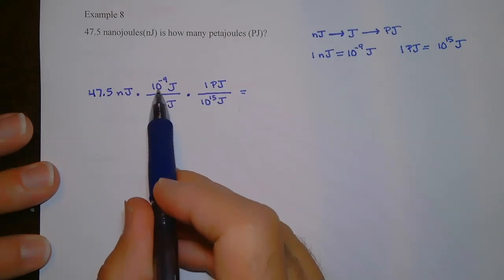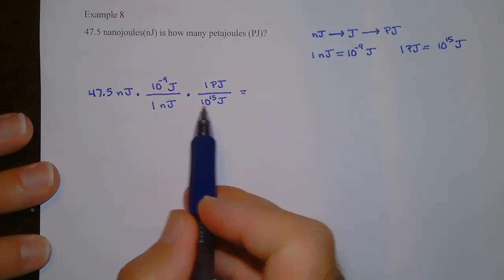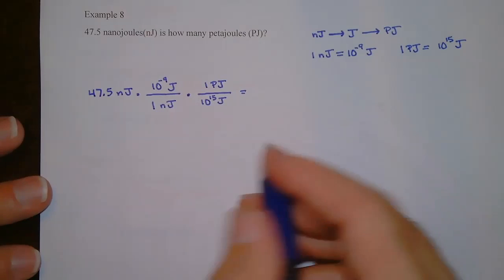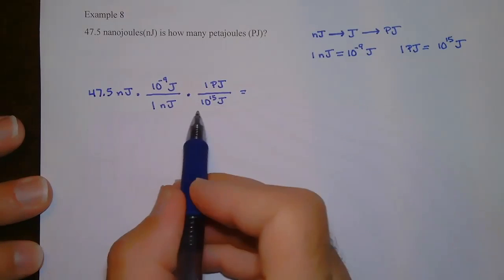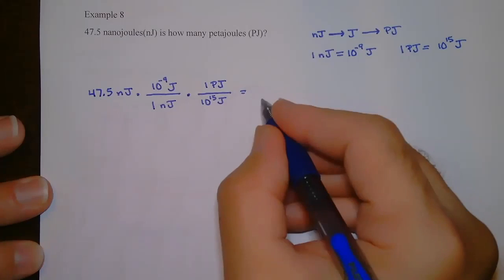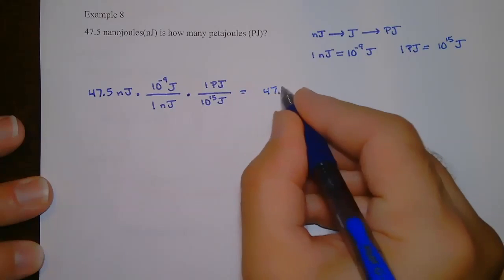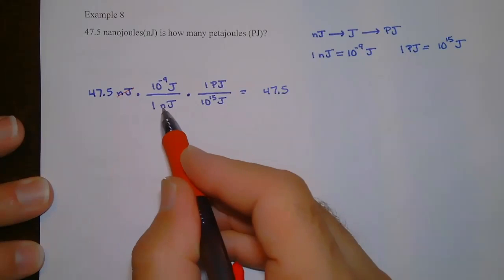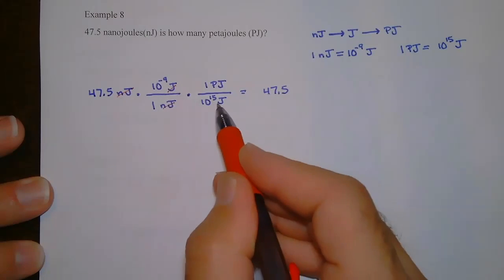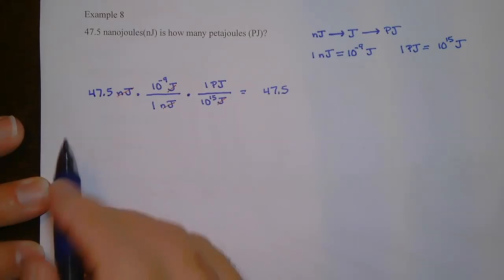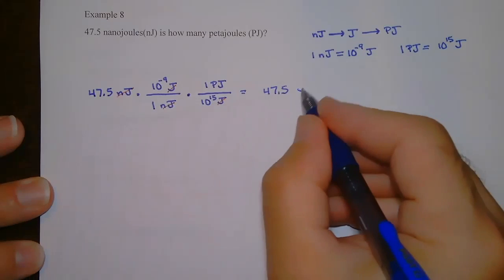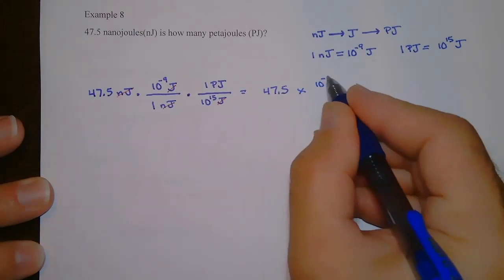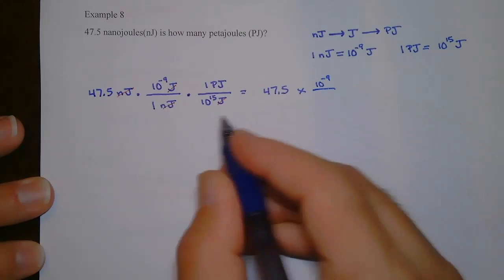Here I have a 10 to a power, and here I have a 10 to a power. I want to put those as one fraction. So this becomes 47.5, and the nanojoules cancel, and the joules cancel. So I have 47.5 times 10 to the negative 9th over 10 to the 15th.